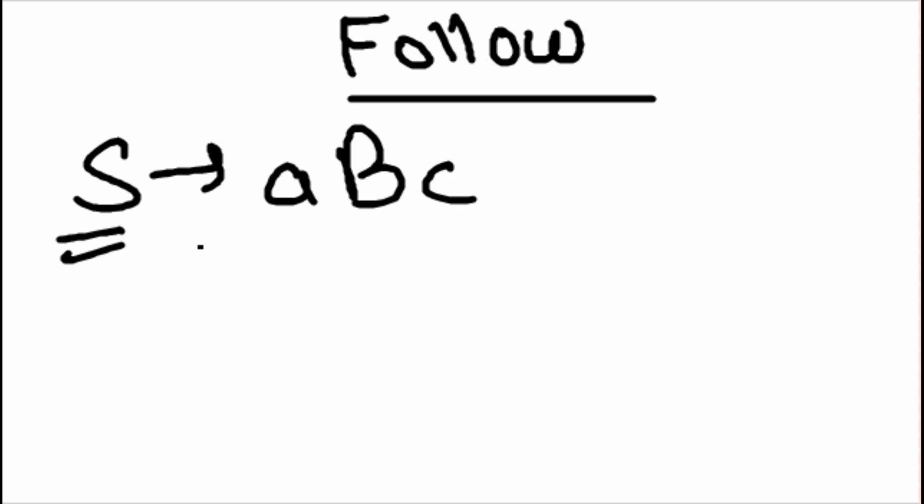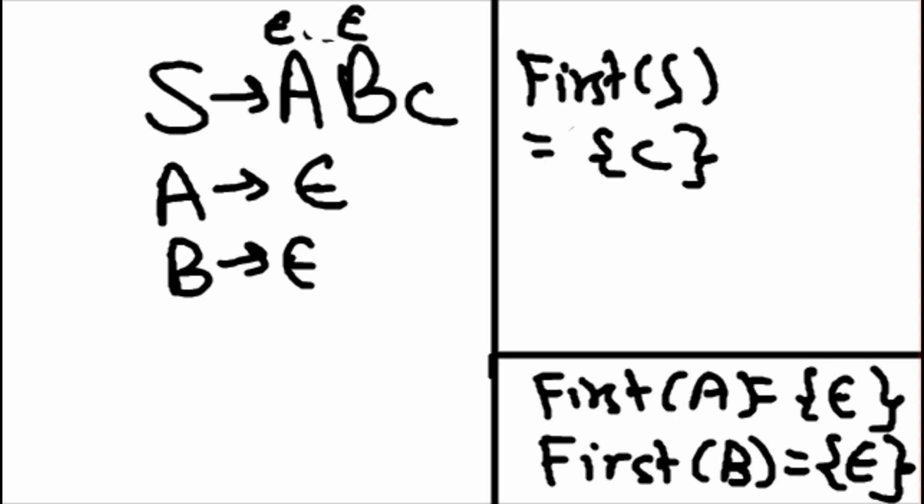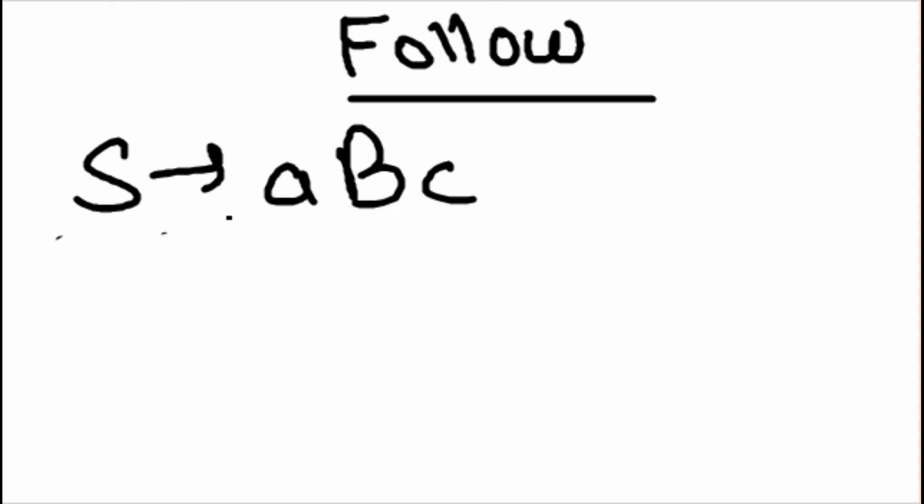The answer is you don't have to find the follow of S, because follow is only available for the right hand side, not the left hand side. In case of first, we created first of S because first is on the left hand side. But in case of follow, you only have to look at the right hand side. So in the right hand side, you can see B, so you have to find the follow of B.